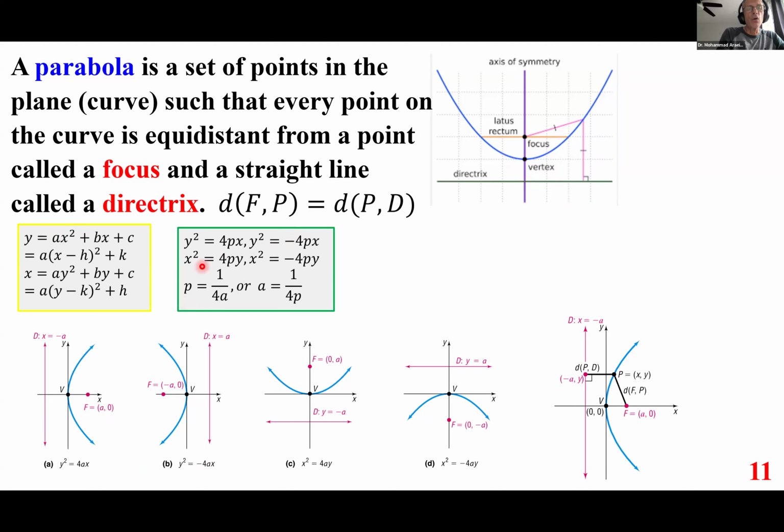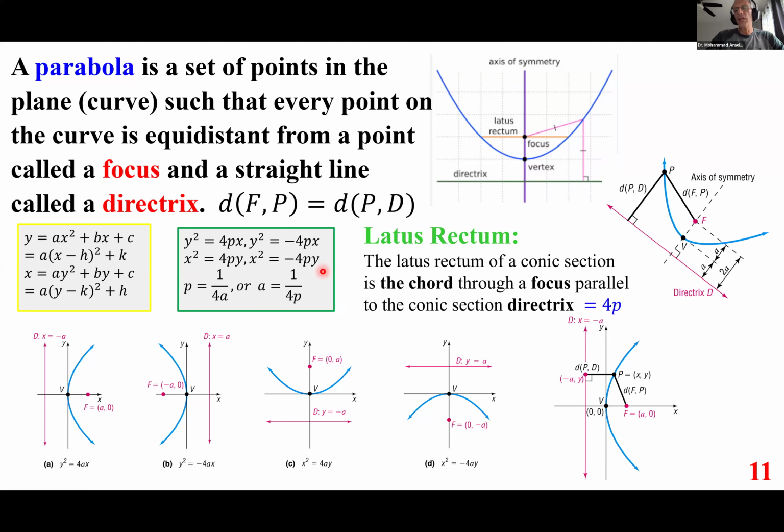So when I go with that, x squared is 4py, x squared is minus 4py. The relationship between p and a, this a, and this p representing this focal distance, is that p is 1 over 4a, or a is 1 over 4p. It makes it very easy to handle. And so it doesn't have to open up, down, right, or left.